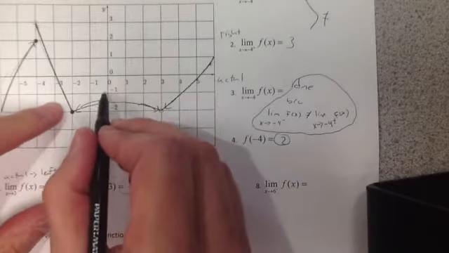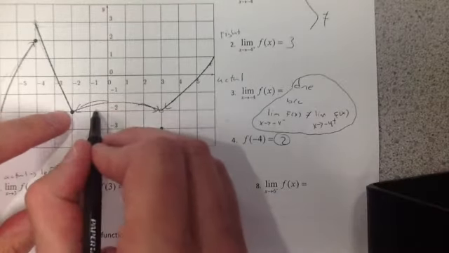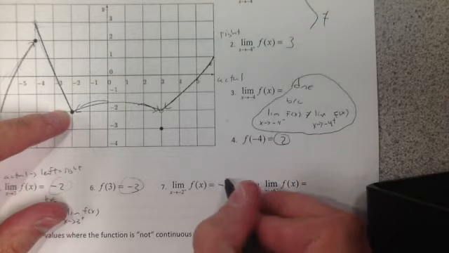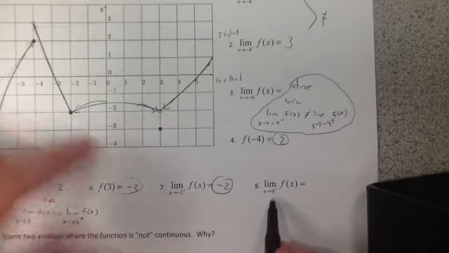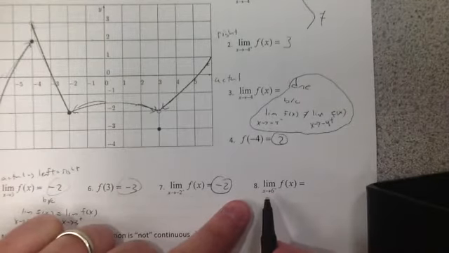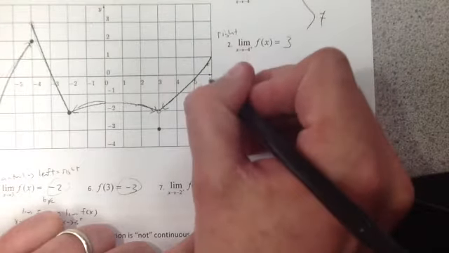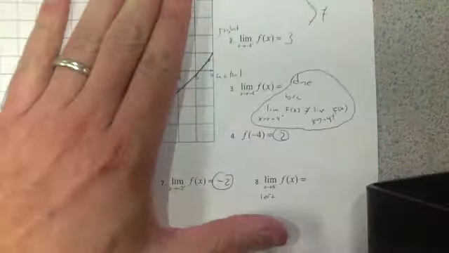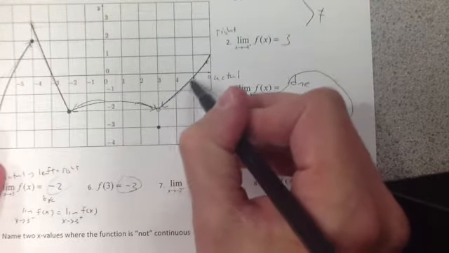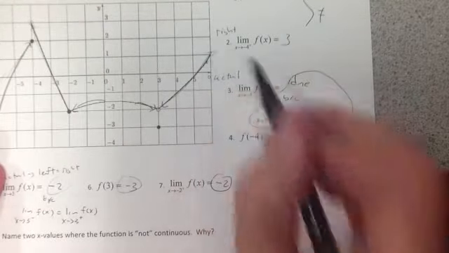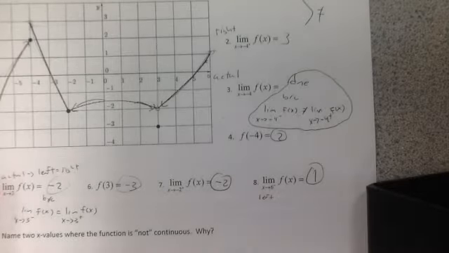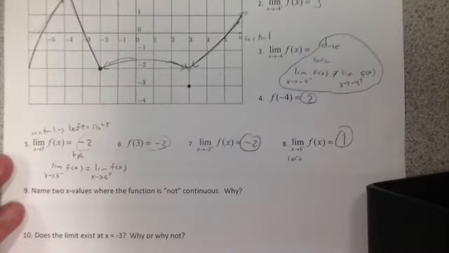My y value, as I'm approaching -2, also approaches -2. What happens as x approaches 6 from the left? Well, here's 6. Here's the left. I'll go up. What are we approaching? It looks like 1. Very easy to do.